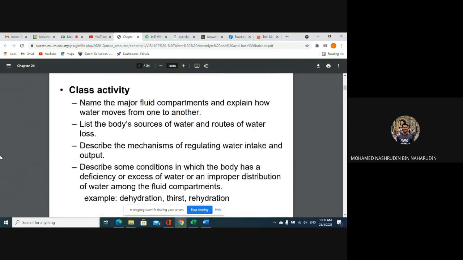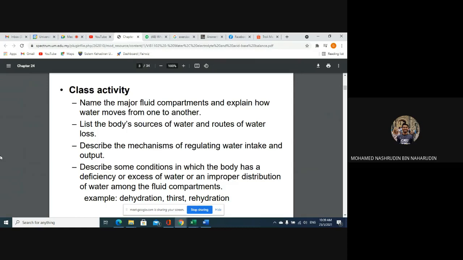So these are some class activities that you can do. Okay, name a major fluid compartment and explain how water moves from one to another, based on different pressure. And we know that, right?